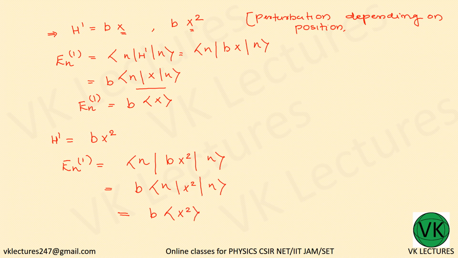So this is another value, and please remember that the expectation is within the limits of H dash. Even here we have the limits of H, that is the perturbation.